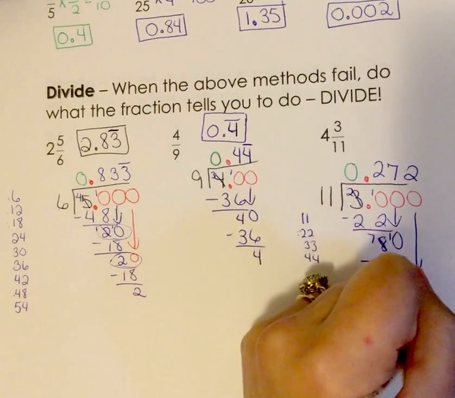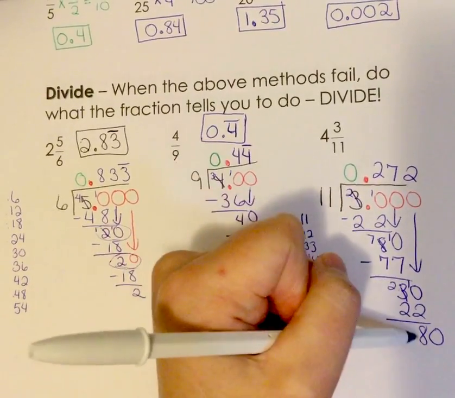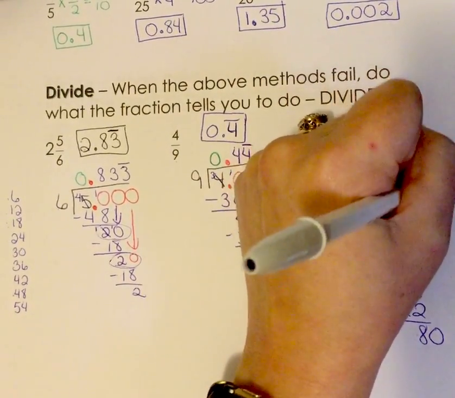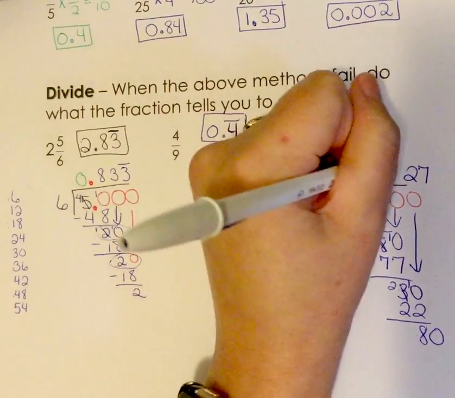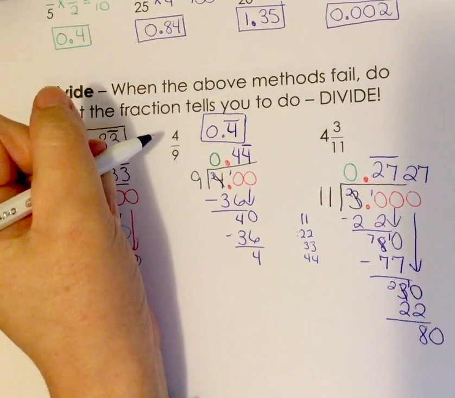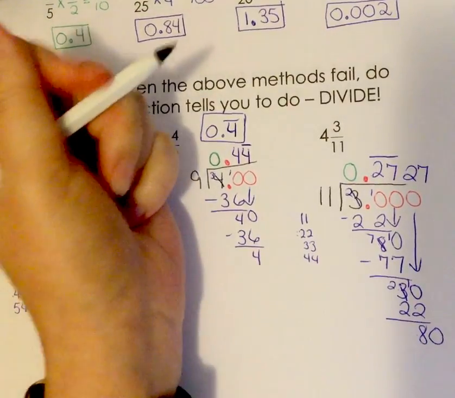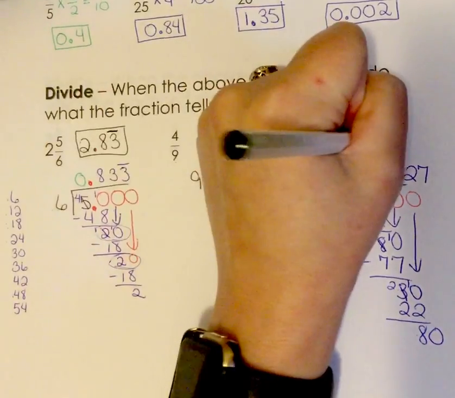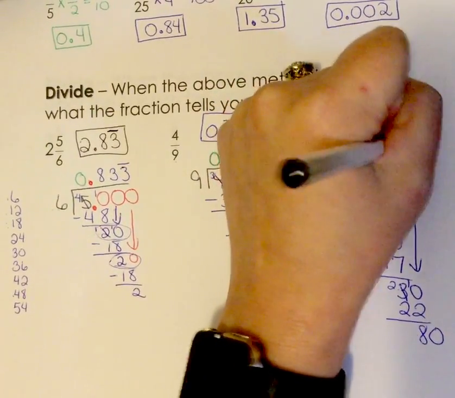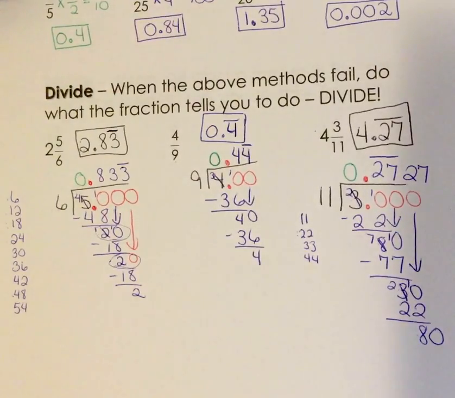Notice if I was to add another 0, we got 30, 80, 30, 80. So that means this is going to be a 7. So notice how it's repeating not just one number, but 2 numbers. It's repeating the 2 and the 7. So the final answer for this problem is 0 wholes and 27 hundredths repeating the 27.